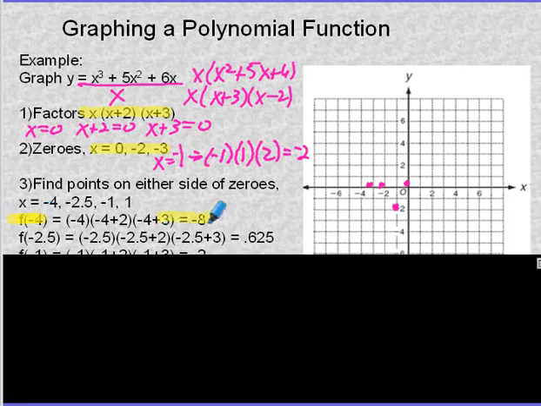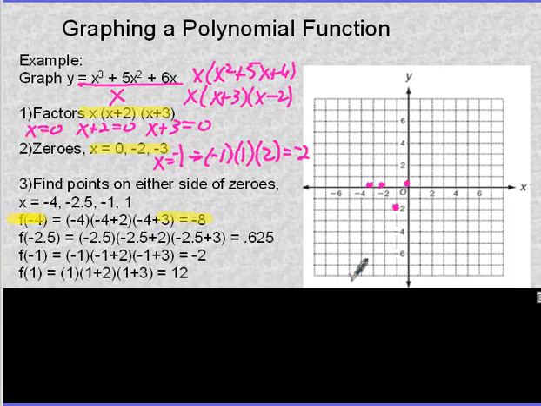I did a point in between -3 and -2, which is -2.5, and that's just barely above 0. You may not need to do all these points; you want to do enough so that you can tell what's happening with the graph in between the points. And then my last point at 1 is at 12, so it's way up here.